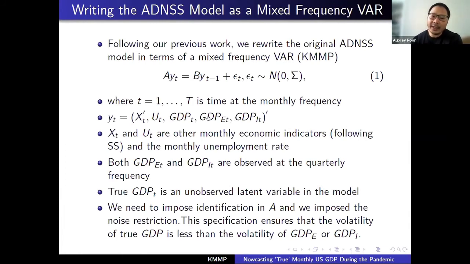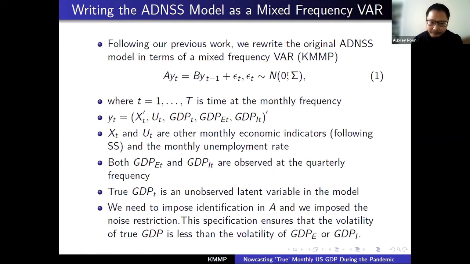And here you can see that both GDPE and GDPI are only available at the quarterly frequency. Our true GDP is our true GDP estimate, and that's basically our unobserved latent variable. So we can think of this mixed frequency VAR model as a Schorfheide and Song mixed frequency state space VAR model, but we impose the ADNS measurement restriction.